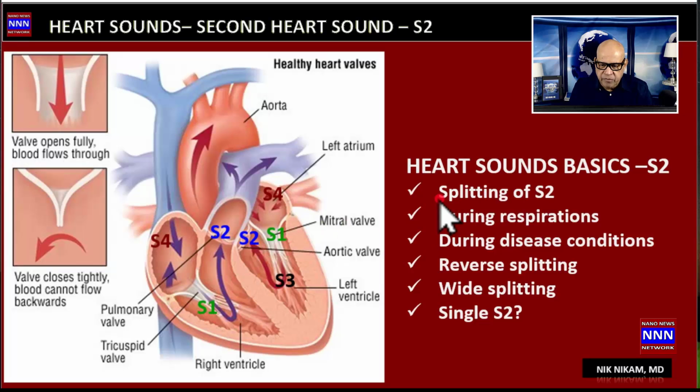So I'm going to be talking about splitting of the second heart sound, normal versus pathological. We're talking about changes during respirations, changes during disease conditions, reversal splitting, wide splitting, and single second heart sound.